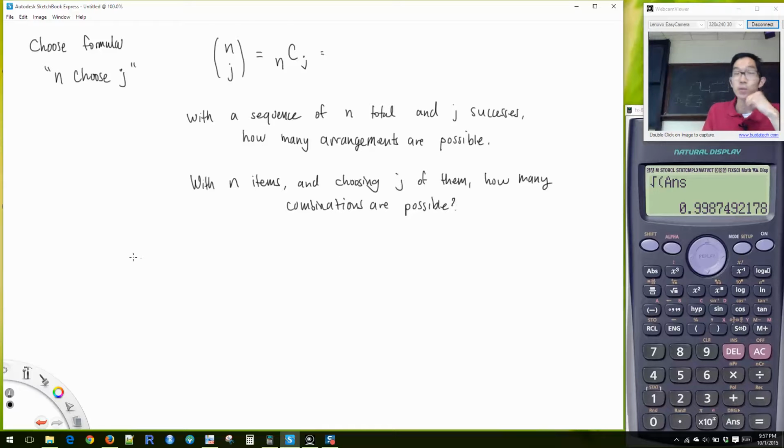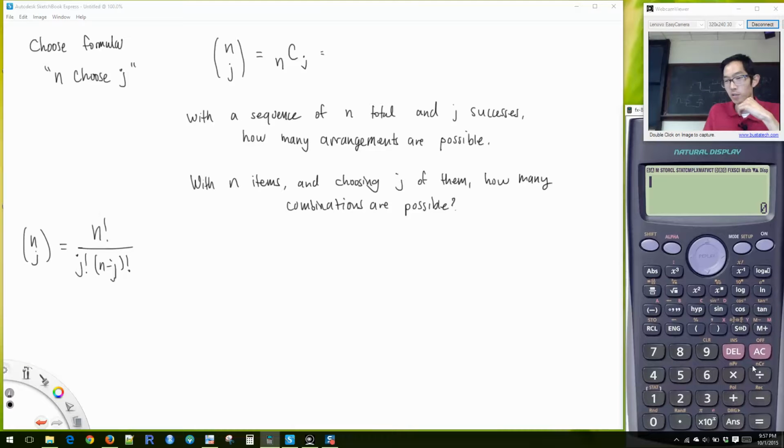Okay, so the formula for n choose j is n factorial over j factorial times n minus j factorial. Okay, don't worry about this. You've got a button on your calculator right here. If you have mine, it says nCr. If you have a Texas Instruments calculator, maybe you have a math button or a probability button.